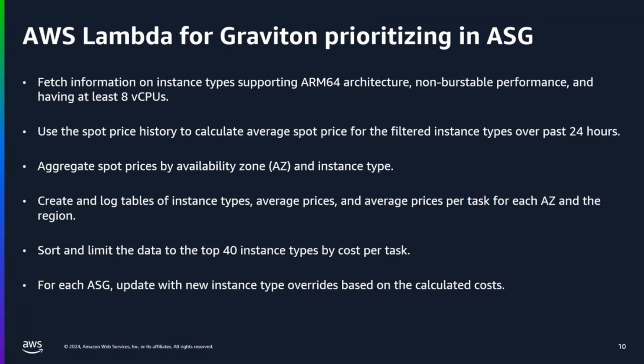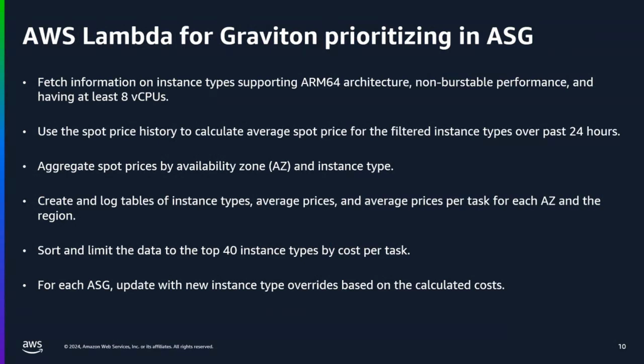Depending upon those, the Lambda was updating an auto-scaling group every day, using a priority list of 40 instances. 40 is the reason because ASG supports a maximum of 40 instances per priority group. They all were Graviton instances. We were able to update our auto-scaling groups to the latest, where we know that the capacity for these instances, at least for the last 7 days, was well and good.